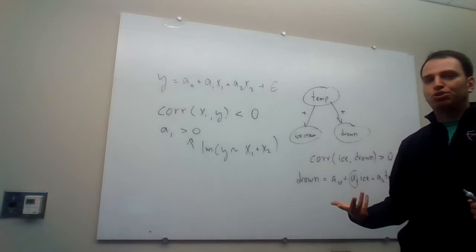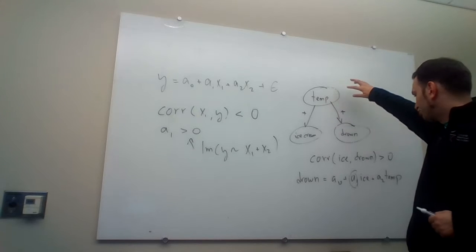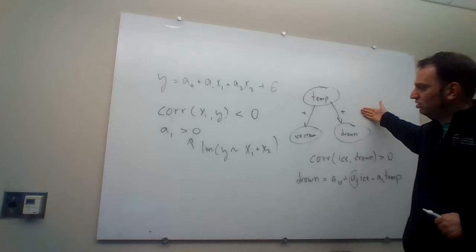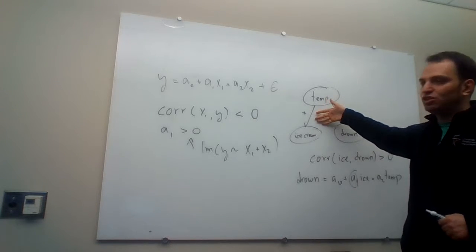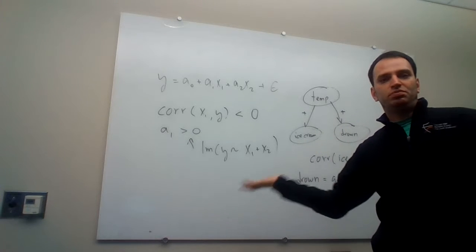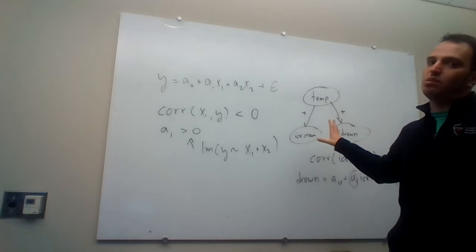So here's one story that you could tell. The story would be, well, temperature in general is going to cause the drowning to go up, and it's going to cause ice cream to go up. But maybe sometimes ice cream is on sale, so people eat more of it, not because of the temperature, but because of the price, which is not in the model.